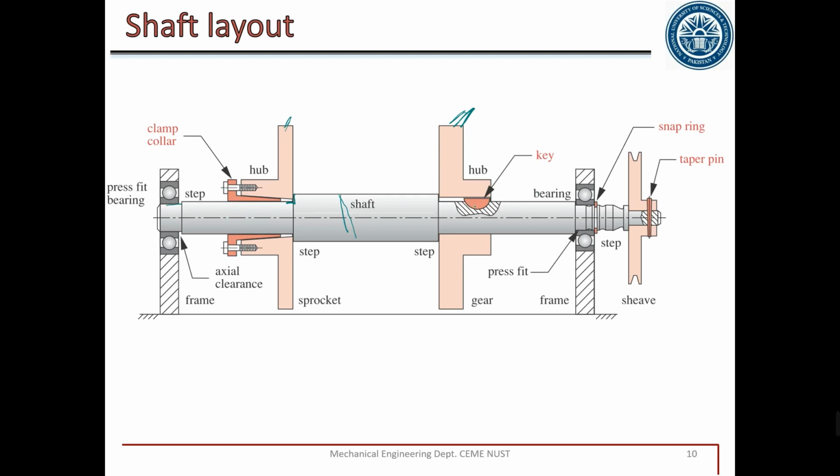Similarly, at this point we have a key. The function of this key is that when the shaft rotates, it causes the key to rotate. There is a keyway in the shaft as well. The rotation of the shaft causes the key to rotate, and as this key is also inserted in the hub, the hub will also rotate with it. This key is the joint between shaft and hub.